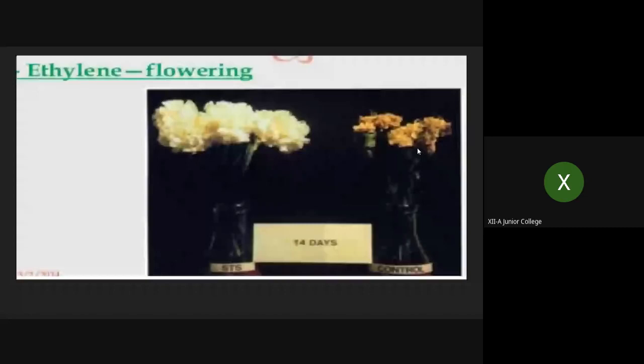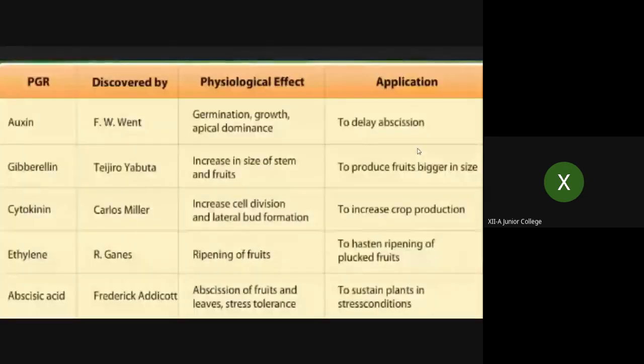These are just a quick review of the regulators, who first discovered them and what is their effect. Auxins: growth, apical dominance is the specific application effect. Then gibberellin is seed dormancy and also large size fruits.